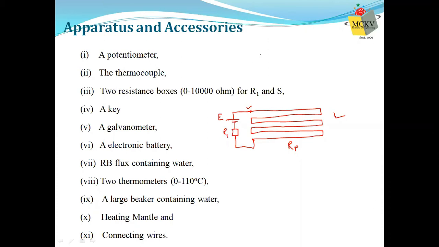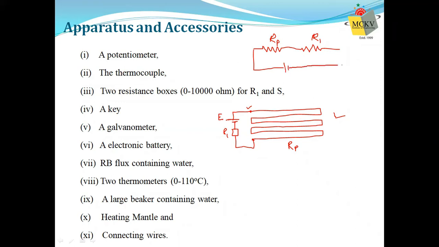So if I make an equivalent circuit, then I have two resistances. One is the resistance of the potentiometer wire, Rp, and the other is the resistance connected in series, R1, and this is connected to a battery.